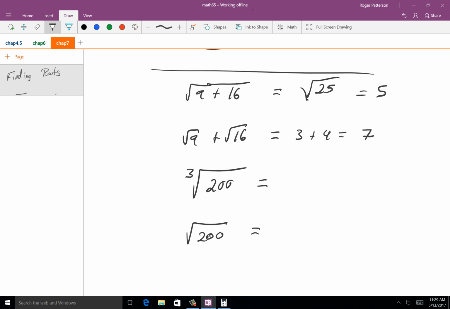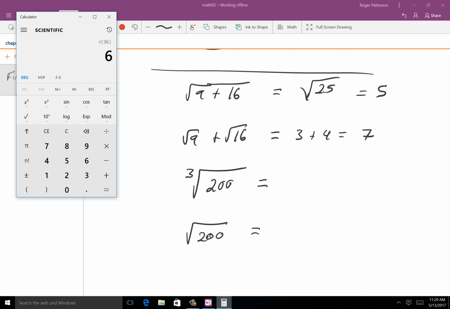Okay. So, cube root. Some of your calculators have a cube root button. Otherwise, let's see if I find mine here. On mine, it shows a radical sign with an X and a tiny Y up here.